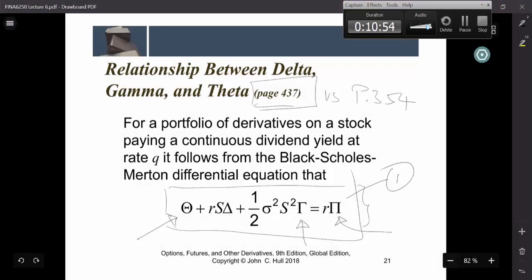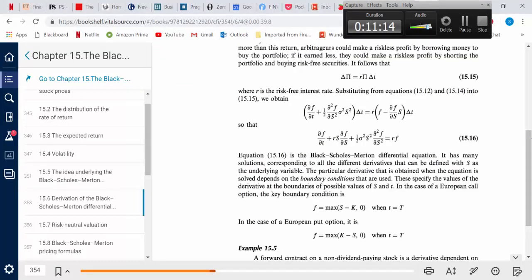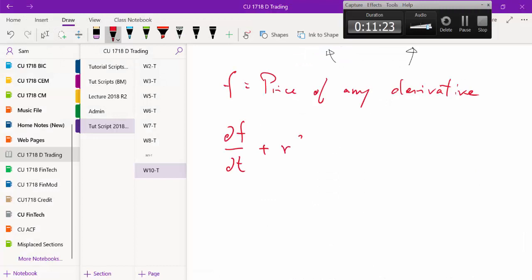What was it again? Now this is, by the way, 15.16 represented, okay? But they are quite confusing with the notation, and I'll show you why in a moment. But don't worry about that for now, okay? So when you look at it, it's rf df dt plus rS df dS plus a half.